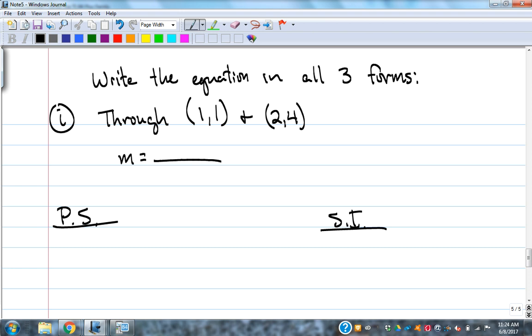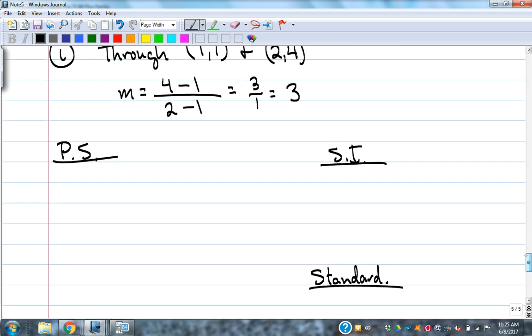So 4 minus 1, 2 minus 1. Be 3 over 1, which is just 3. That's great. Slope's a nice number 3. Which ordered pair do you want to use for point slope form? Does it matter?